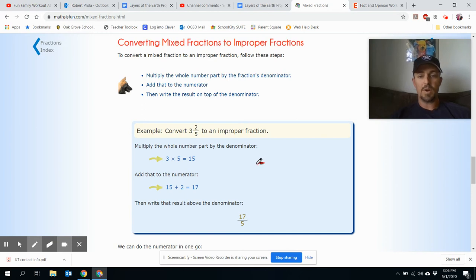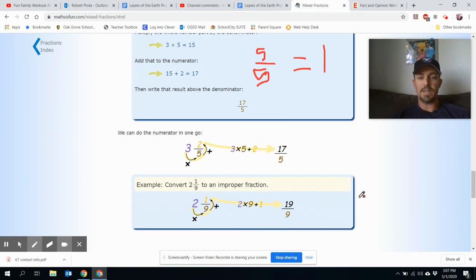So you got to remember that 5 over 5, and I'm not very good at drawing with this tool, but you get the idea, 5 over 5 equals 1. So what I have is 3 2/5. So that's 5 over 5 plus 5 over 5 plus 5 over 5, which gives you 15 over 5, and then add the 2 because you got 2/5 here and you get 17 over 5. So that's another way to think about it.